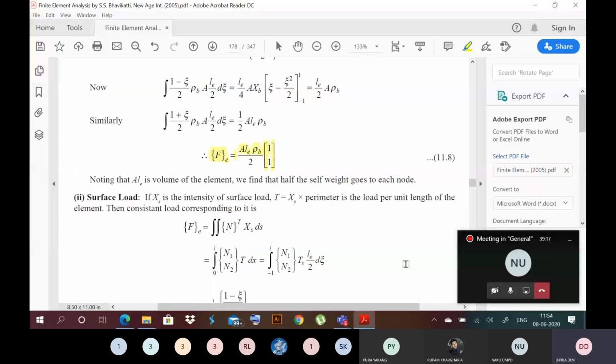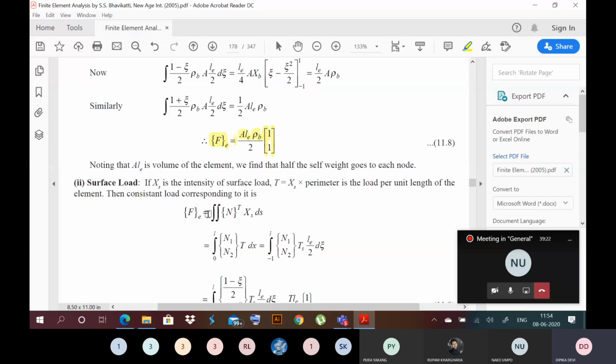So here this expression is the contribution of the surface traction. I have already discussed in the last class this integration over the surface, with the transpose of N. Xs is the surface traction per unit area.